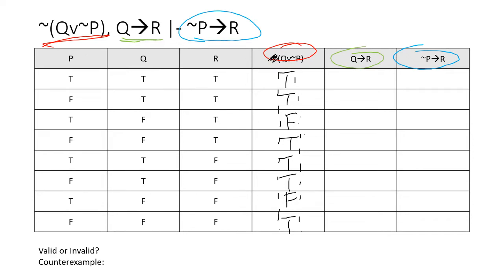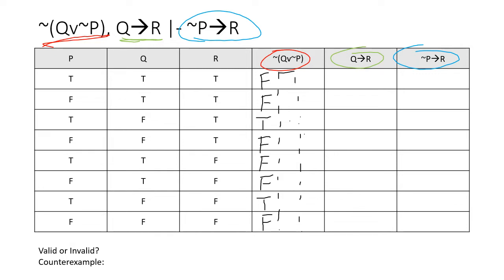Erase this stuff. And then finally, we just have to flip those values in this column over from T's to F's. Like so. And we should get rid of this other middle column so we don't get confused later once we do our evaluation for validity.